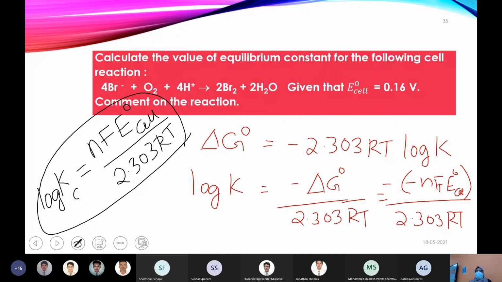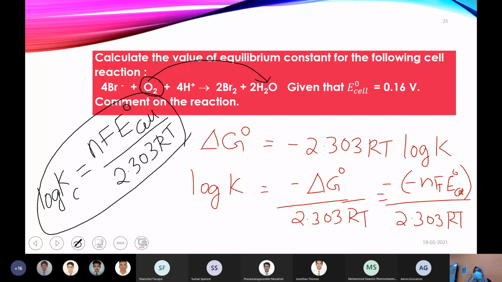How many electrons are being transferred? 4. Because 4 Br⁻ is changing into 2 Br2, so 1 Br⁻ ion gives out 1 electron, so 4 bromide ions will give a total of 4 electrons. And if you take oxygen also, you will get the same answer.